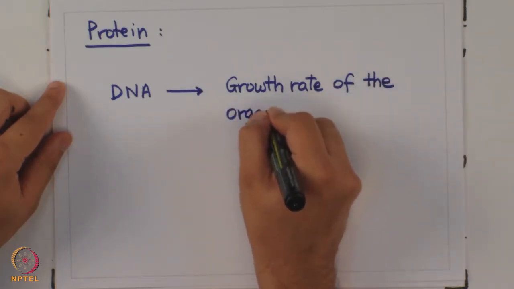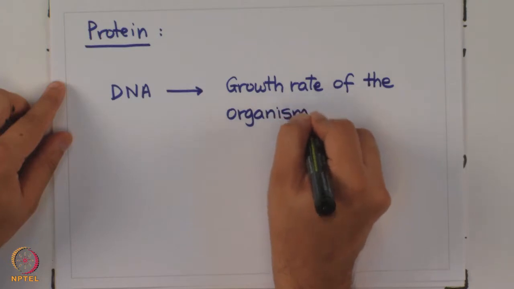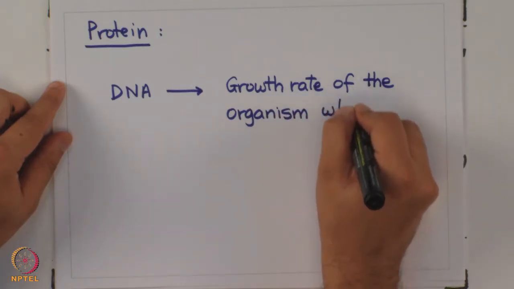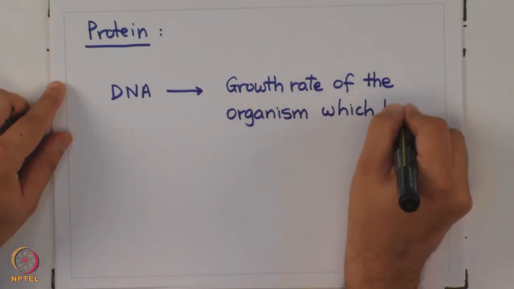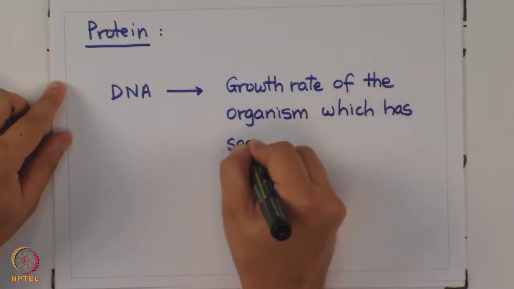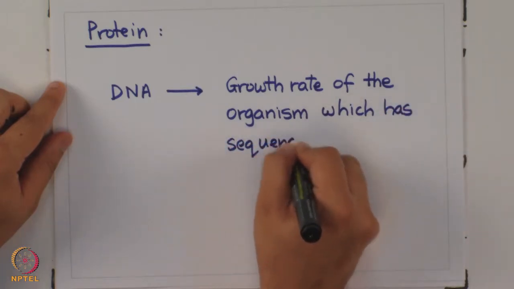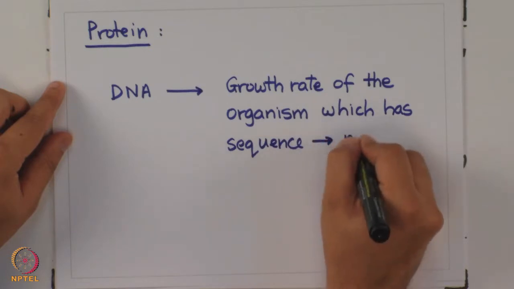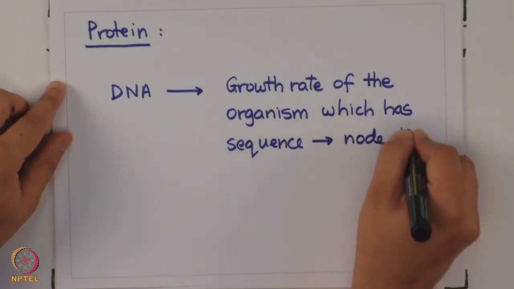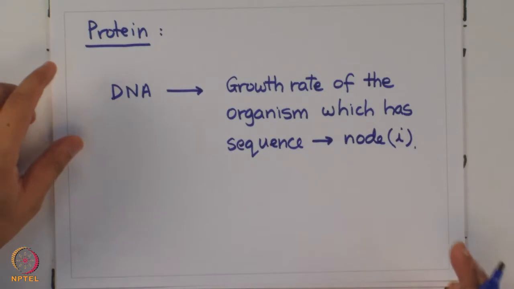We've been talking bacteria, growth rate of the organism which has sequence corresponding to any node i in the map that I have.